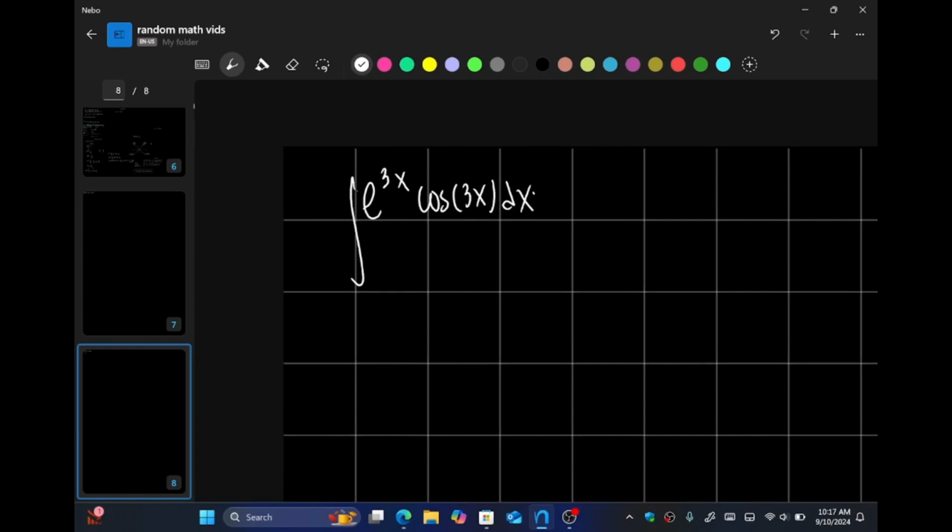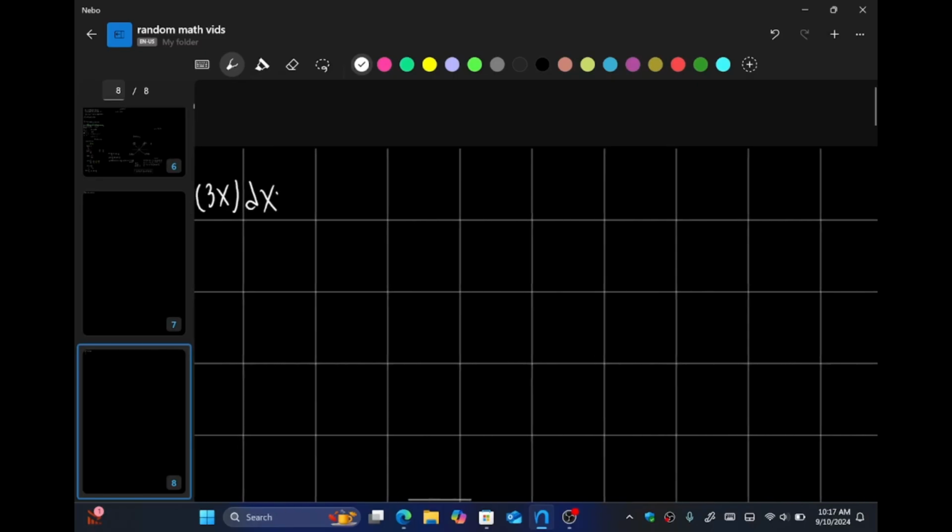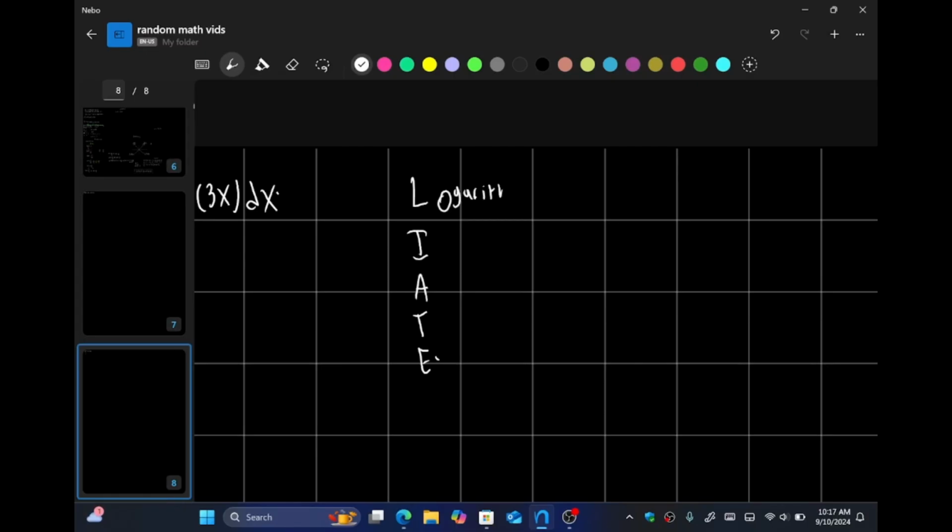Now, what I want to do is, like always, list or state LIATE. If y'all remember that acronym, this is logarithmic, inverse, algebraic, trigonometric, and exponential, right?